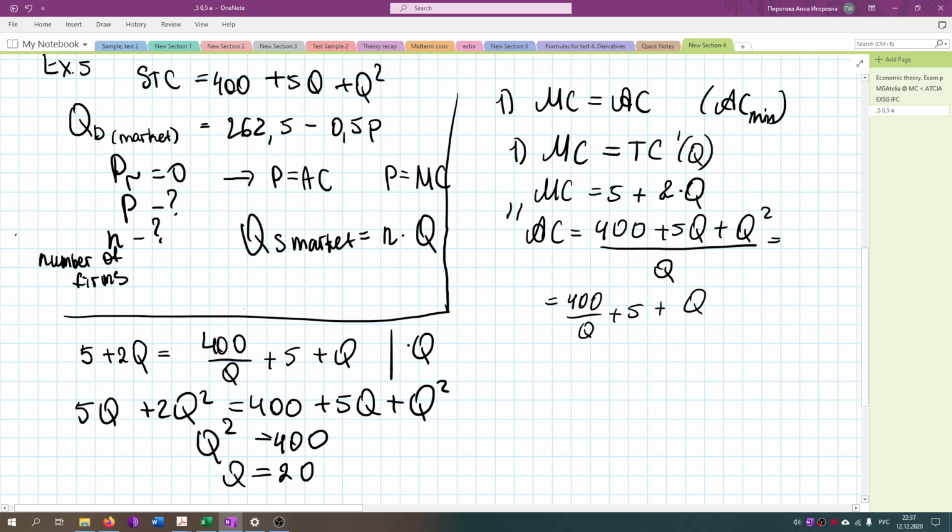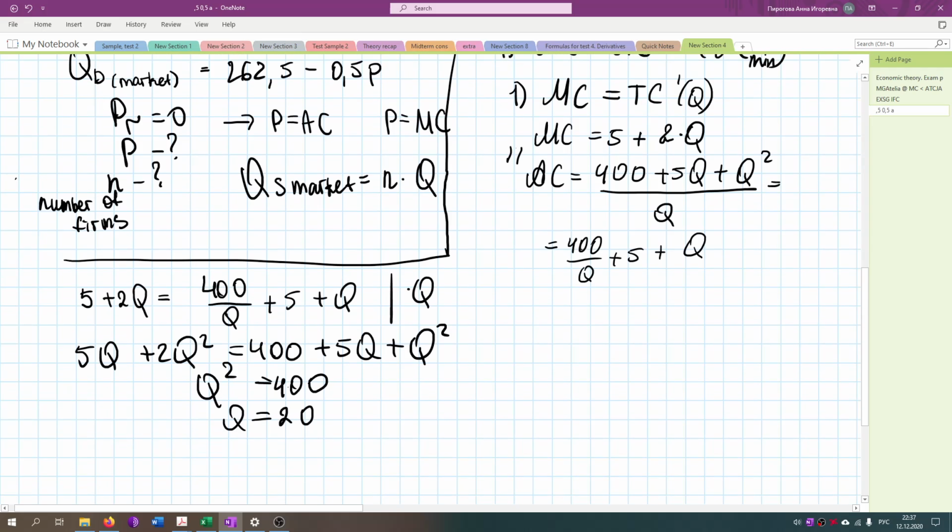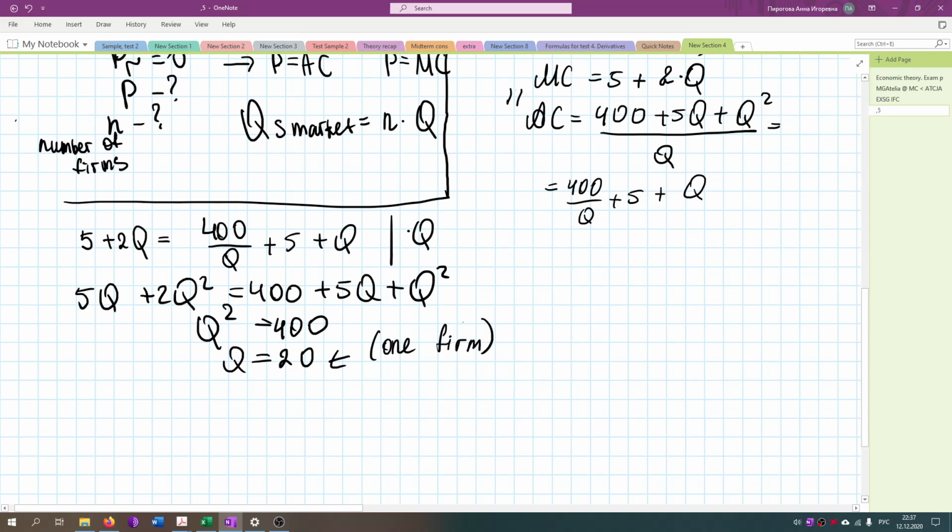And this quantity is about 1 firm, because we took the total cost function of the 1 firm. So that is why we receive the quantity of only 1 firm.